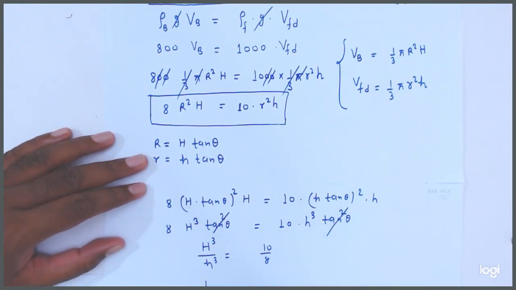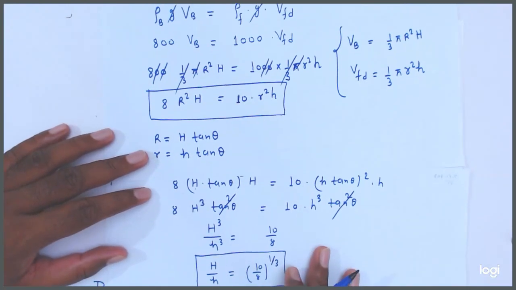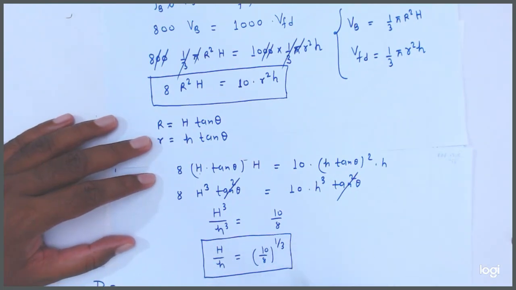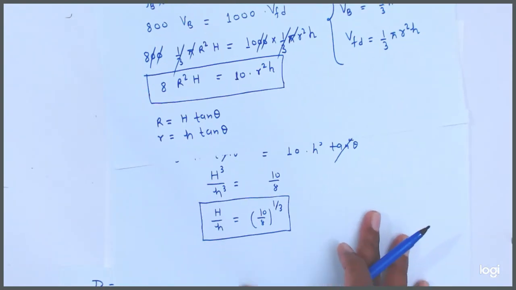So capital H by small h equal to 10 by 8 to the power 1 by 3. Okay, we are getting the relation between capital H and small h.